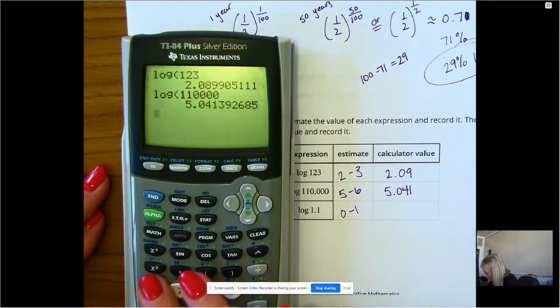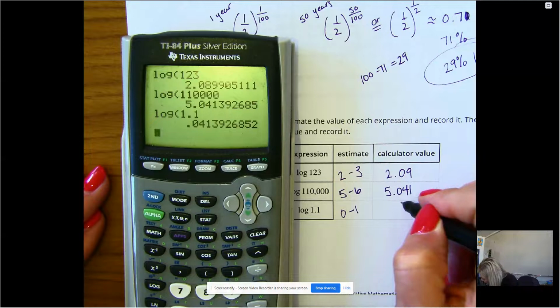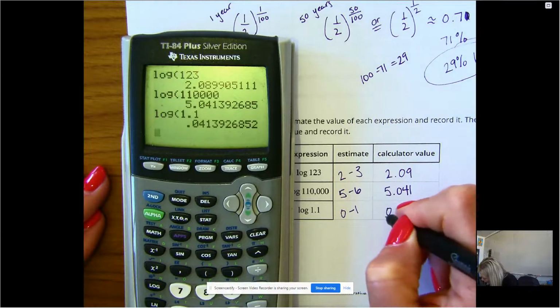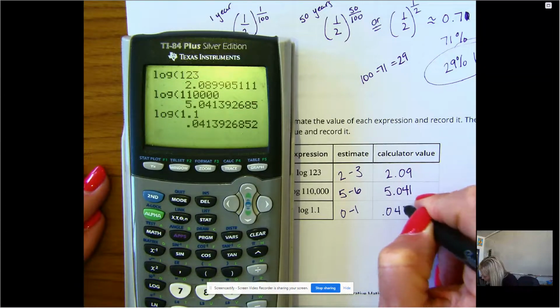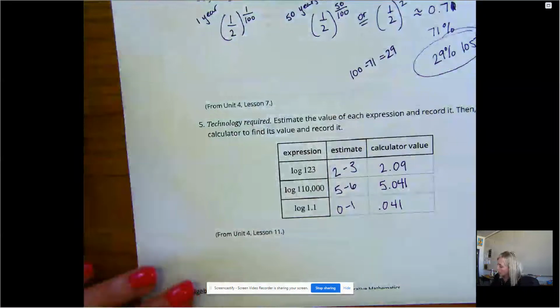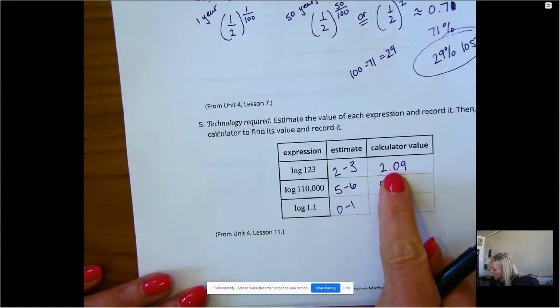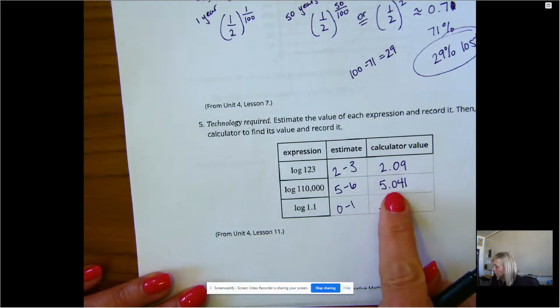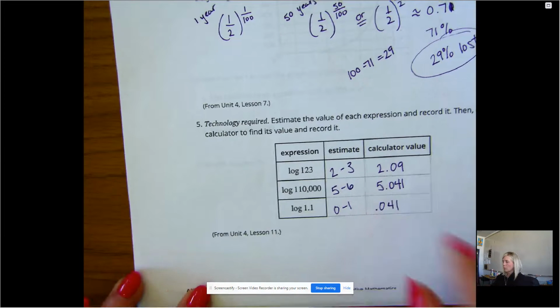And the log of 1.1, 0.041. So it looks like the estimates are accurate. This is more than 2 but less than 3, more than 5 but less than 6, more than 0 but less than 1. Okay, 2 more problems.